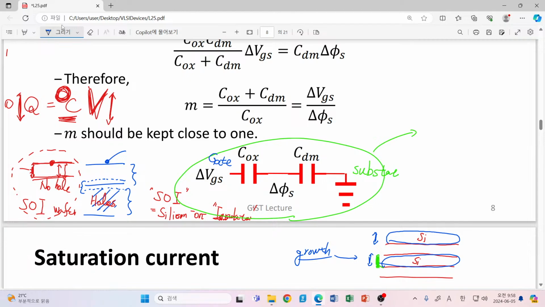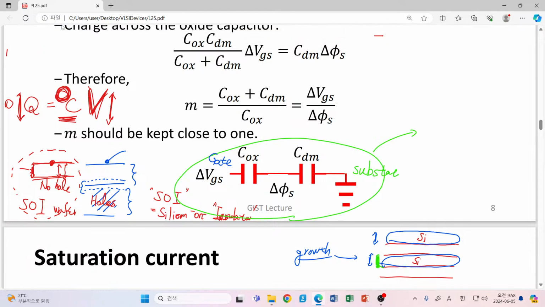Then where is the interface between oxide and silicon? This is the point for your interface between silicon and silicon dioxide. Of course, please note that this kind of drawing is somewhat simplified.